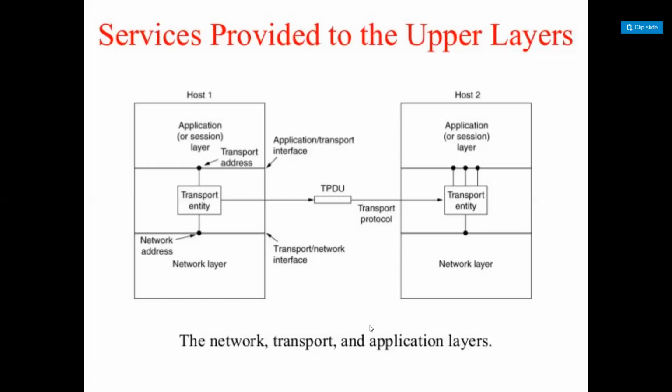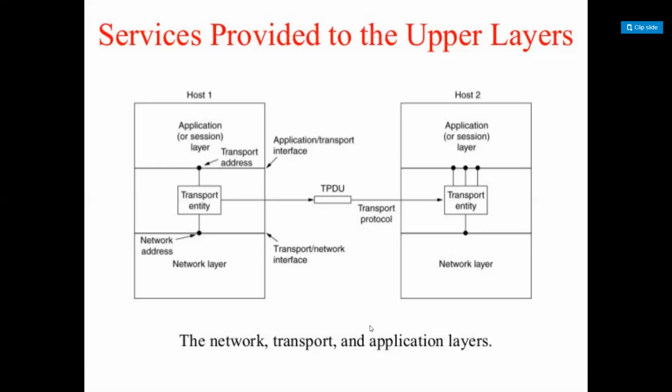Coming to this diagram, the ultimate goal of transport layer is to provide efficient, reliable and cost-effective services to its users. Repeat, note this point, students. The ultimate goal of transport layer is to provide efficient, reliable and cost-effective services to its users, where the users are at the application layer.